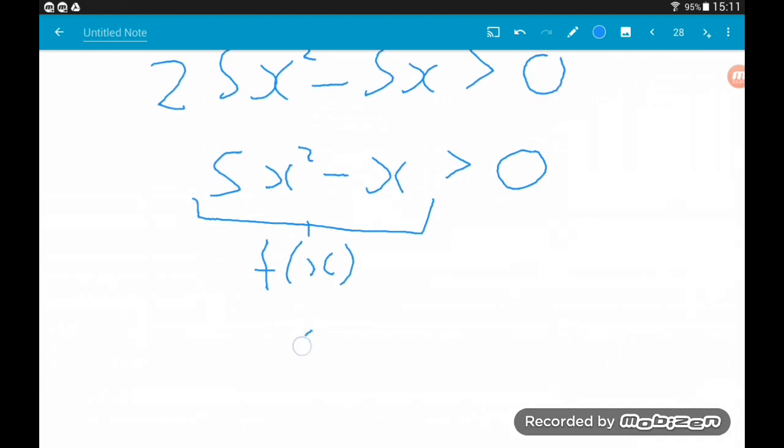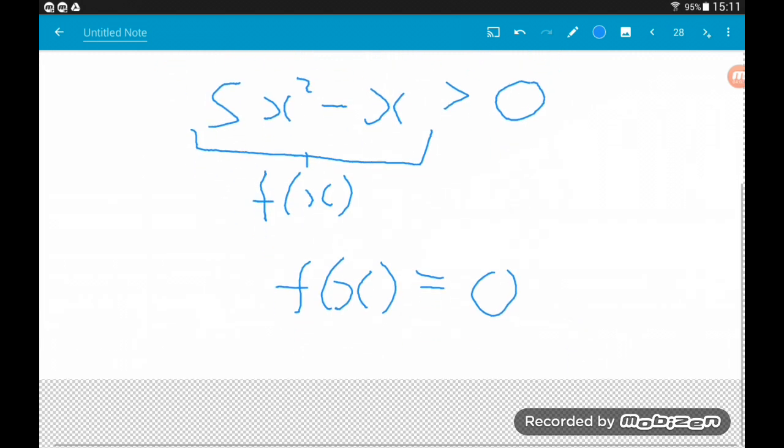The reason for this is it allows us to plot the graph of the function, which is then really useful to help us solve these.